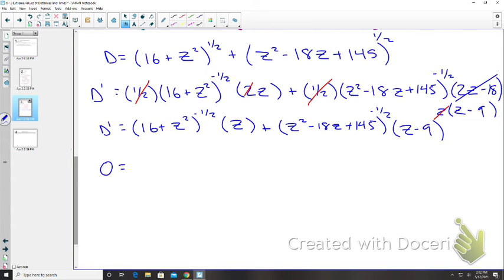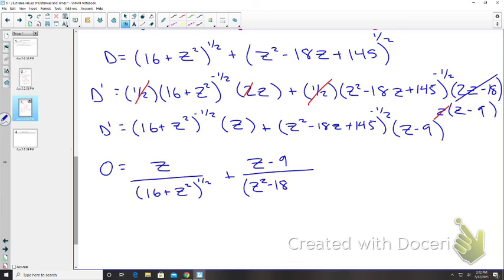So 0 is equal to z divided by 16 plus z squared to the 1/2, plus z minus 9 divided by z squared minus 18z plus 145, to the 1/2.